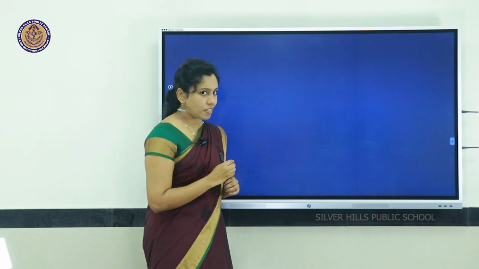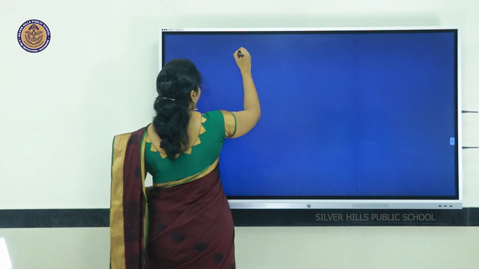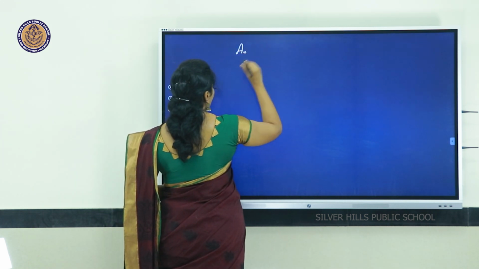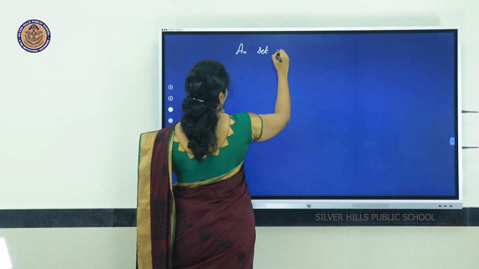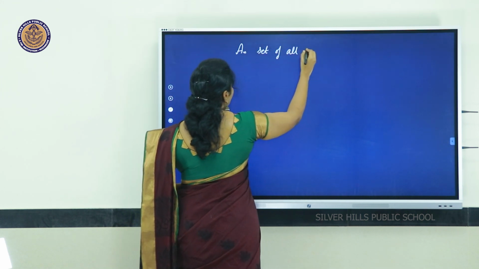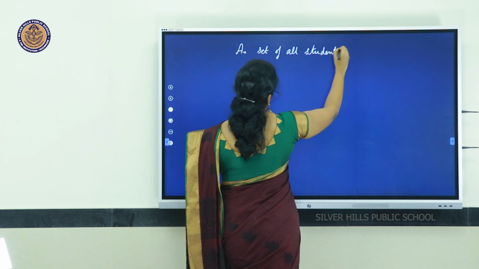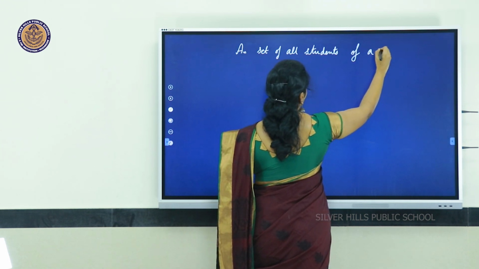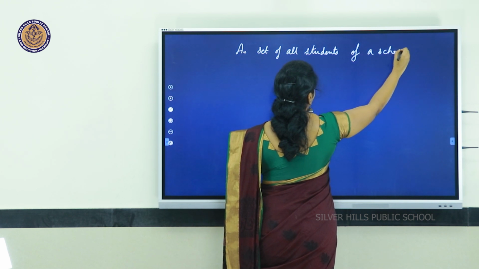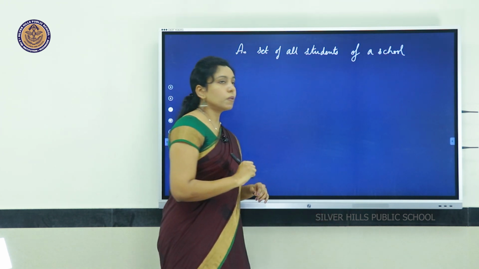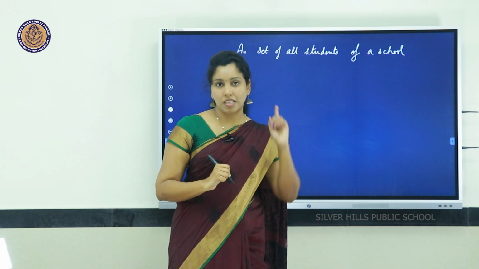I am going to change the set. So let me take A is equal to, say, the set of all students of a school. And then I am going to define a relation on this set.